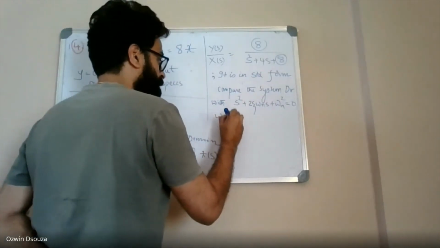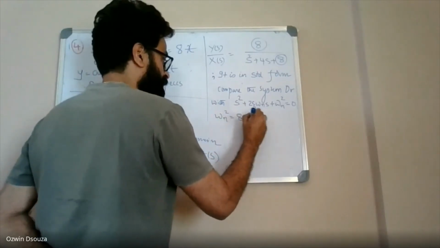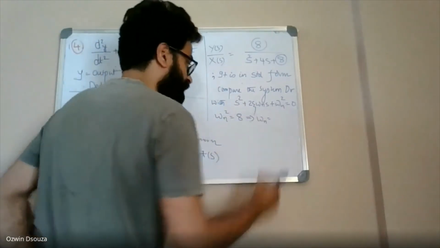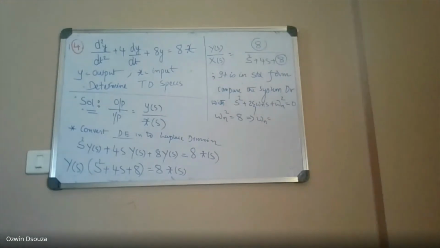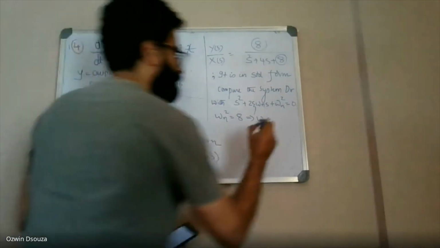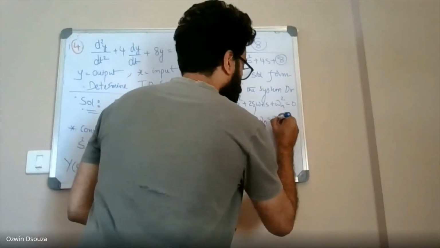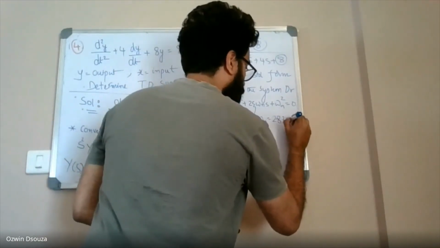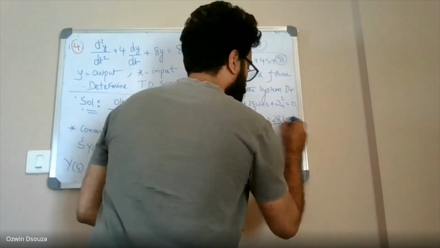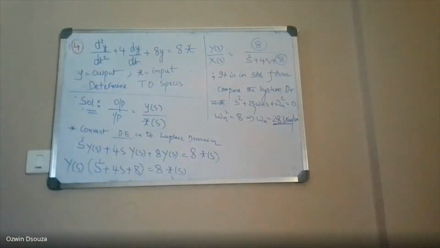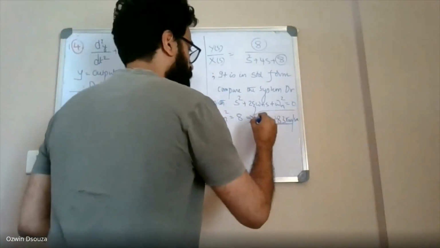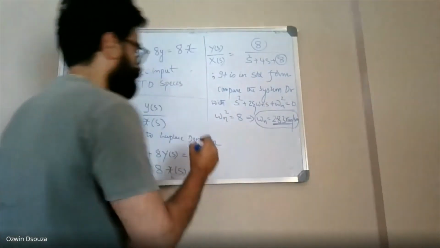So you will get omega n square is equal to 8, that implies omega n is equal to under root 8, that is 2.83 radian per second. So that's your omega n, 2.83 radian per second.